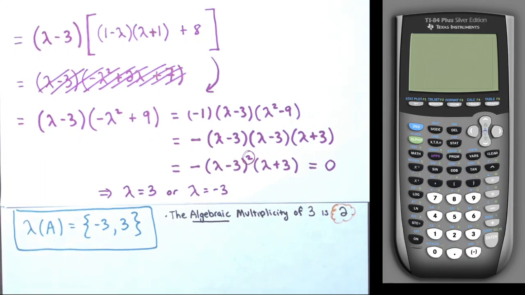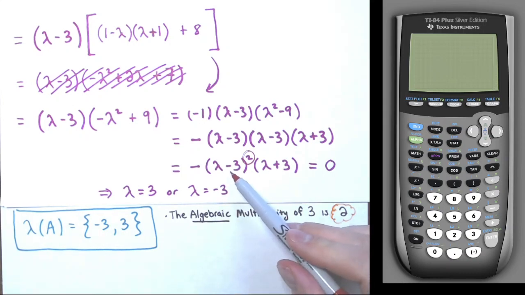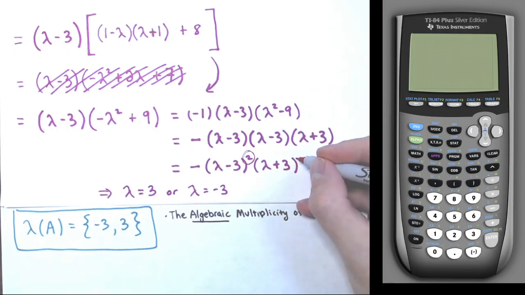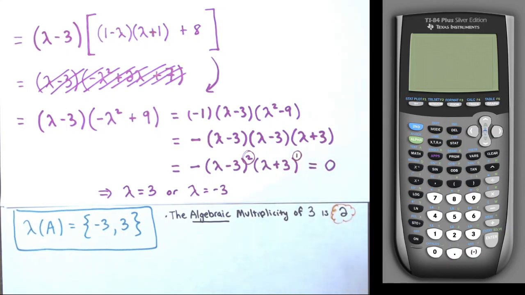And then looking at -3, -3 doesn't make that factor 0, but it makes lambda plus 3 equal 0. And there's only one of those. If there's no exponent, there's an exponent of 1.